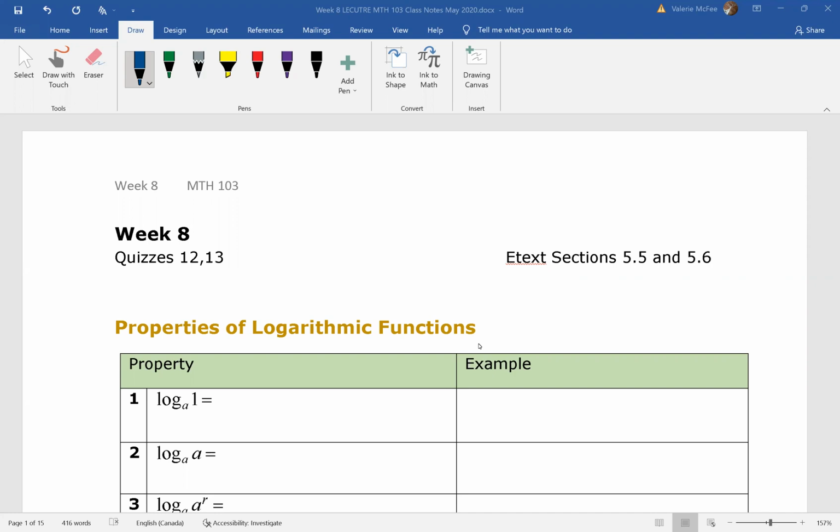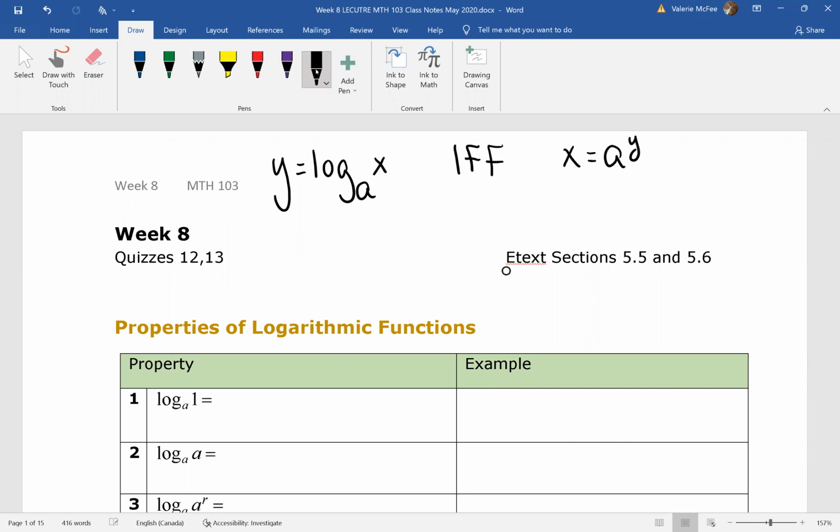Remember what we said about logarithms last week. We had this equation, y equals log base a of x, but we said this was true if and only if x was equal to a to the power of y. So notice that in our exponential equation there, x and y have switched places.